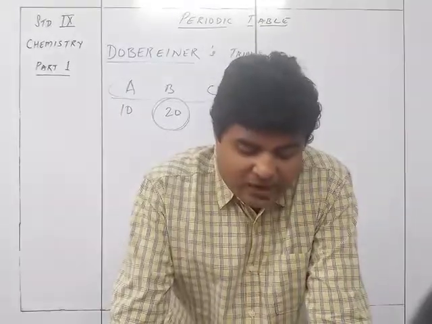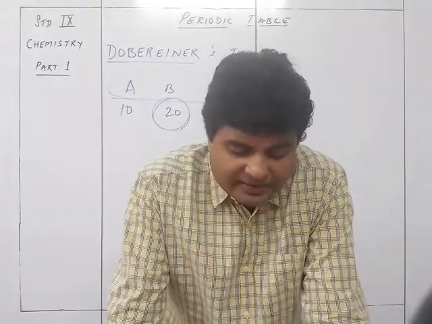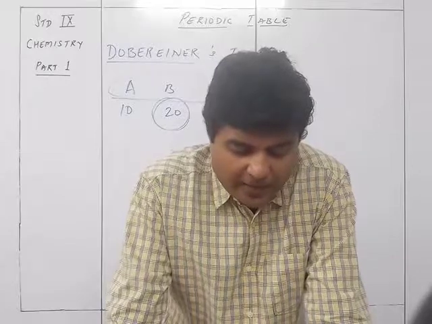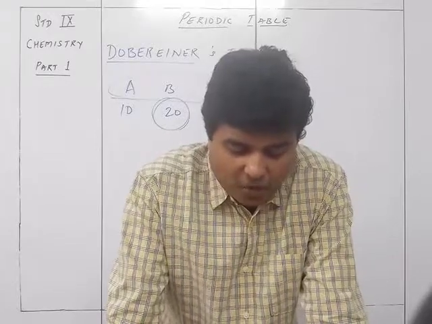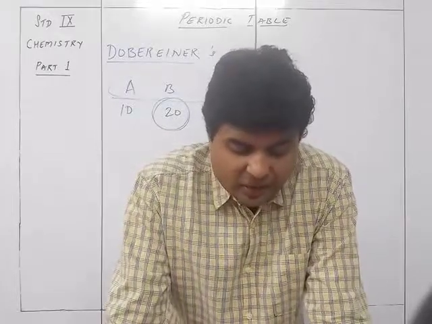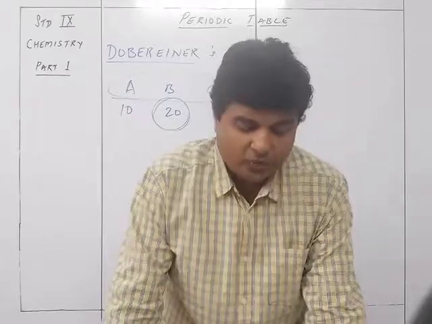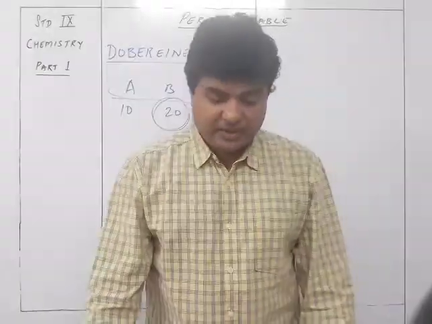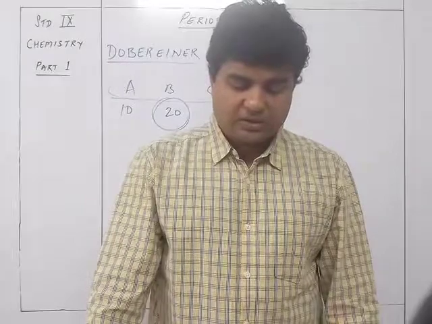So chemically analogous elements arranged in increasing order of atomic weight formed well-marked groups of three called triads, in which the atomic weight of the middle element was found to be generally the average, that is the arithmetic mean, of the atomic weights of the other two elements.